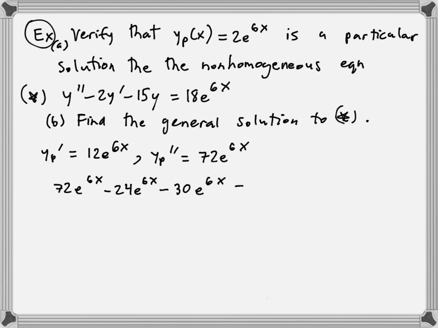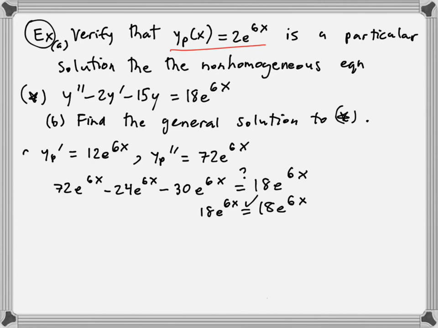And then the other side has to be 18e to the 6x. So is that true? Well, 72 minus 24 minus 30 is indeed equal to 18, right? So 18e to the 6x equals 18e to the 6x. This is true. Okay? So we found a particular solution. Well, we didn't find it. The problem gave it to us, right? So in other words, what we showed is that this guy is a particular solution.